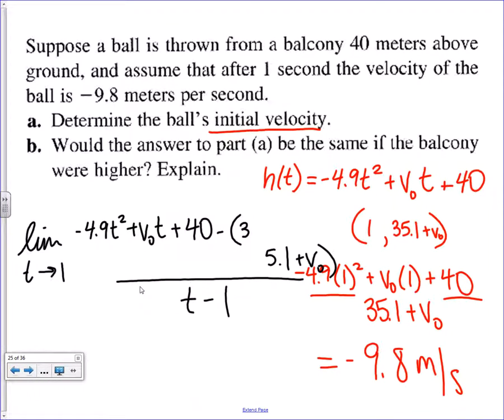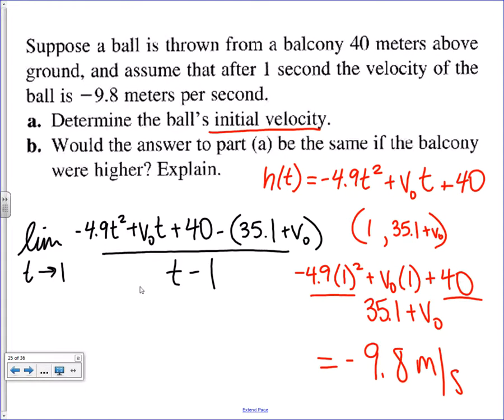Anybody have any questions in the setup here? Why did that move? Say it again. They aren't going to be able to be combined. But I can combine something. Can't these terms right here be combined?